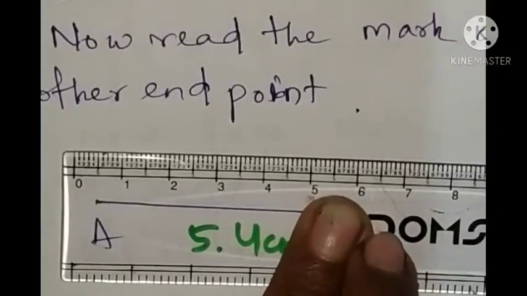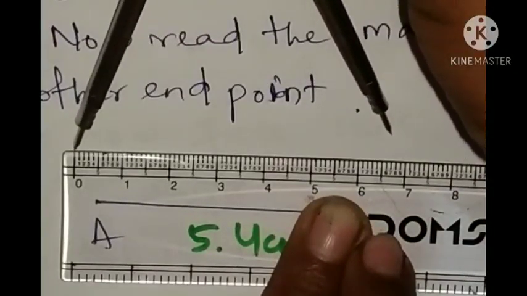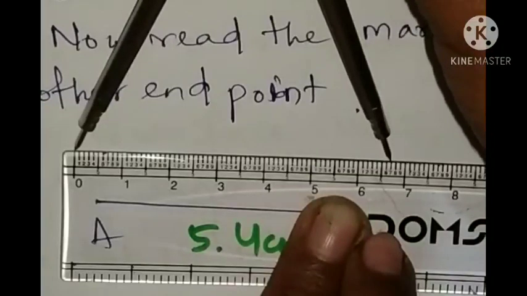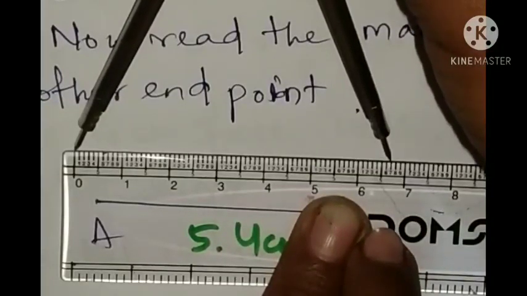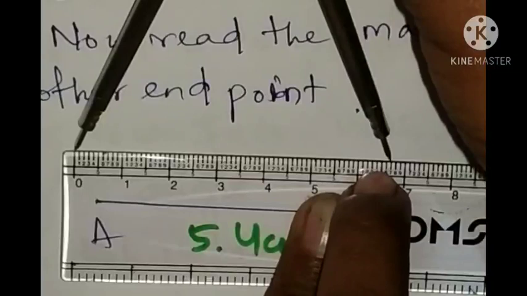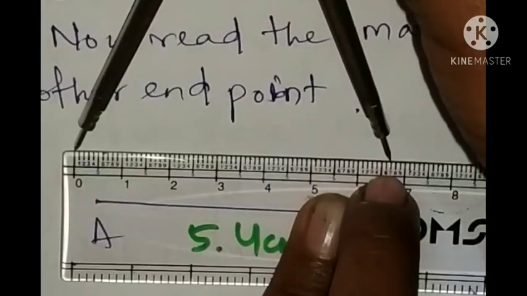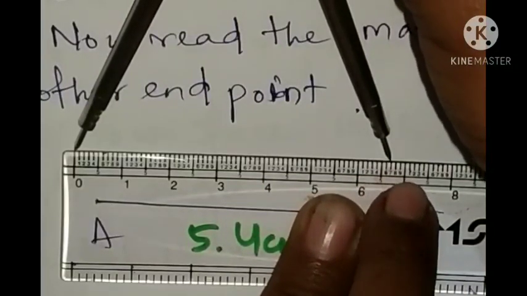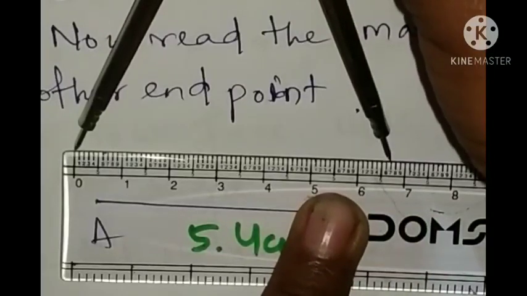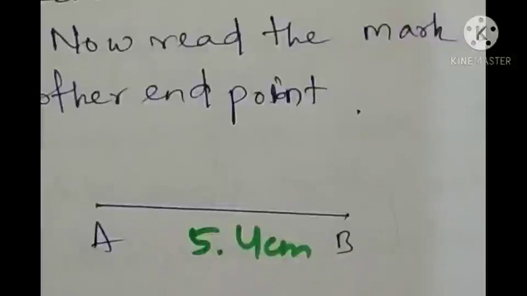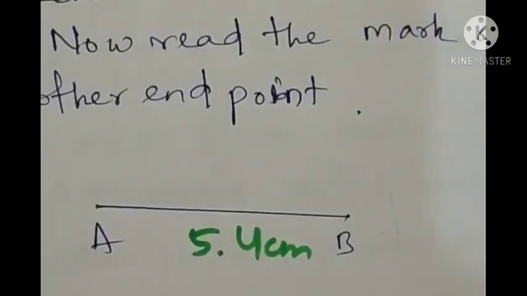Now look, again I am keeping 0 and here, look, 6.7. Look, these divisions 1, 2, 3, 4, 5, 6, 7. So 6.7. Look, after zooming, it is easily visible. So this line is 6.7.